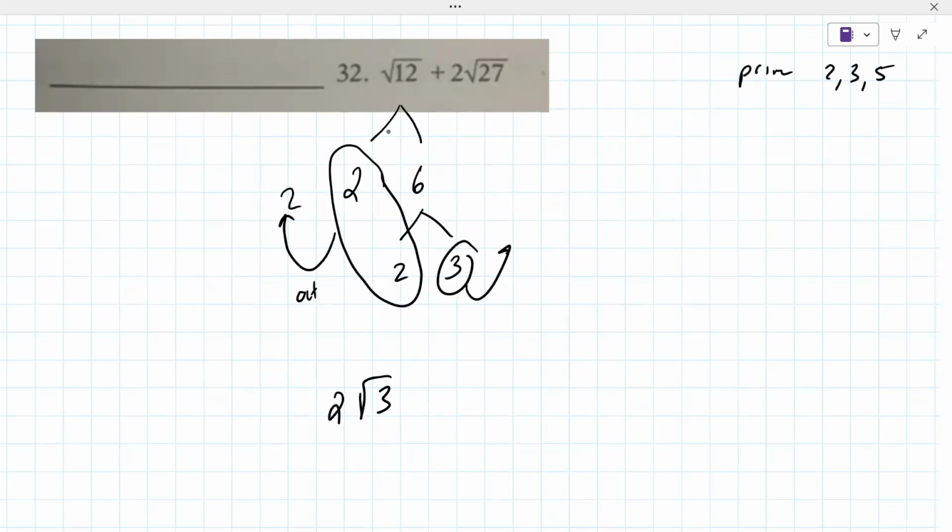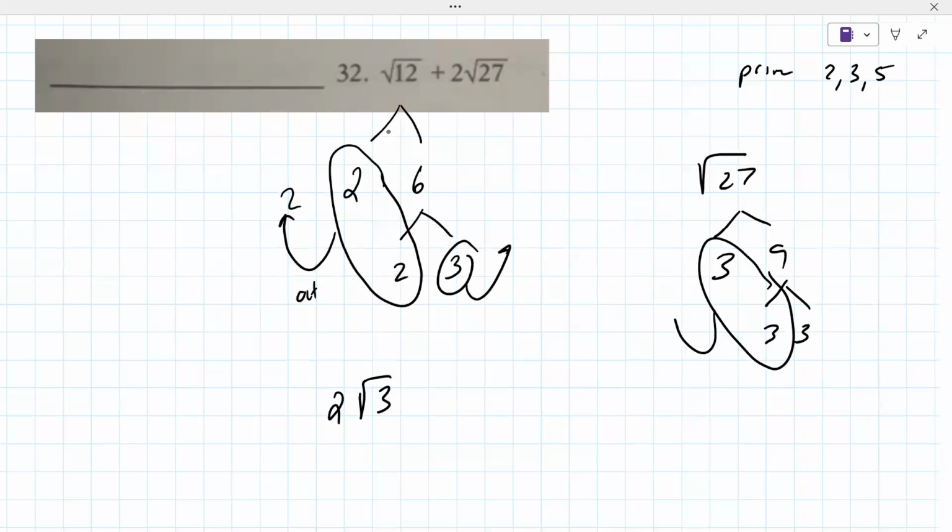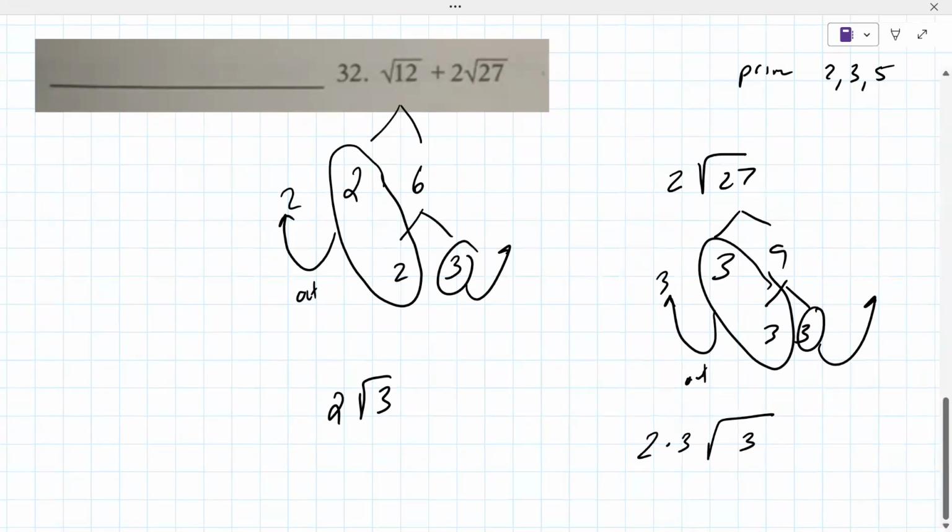Right. Okay. For square root of 27, it's kind of the same deal here. 3 and 9, 3 and 3. For each pair you circle, you bring it out, bring a 3 out, 3 stays in, but there's already a 2 on the outside. So that 2 pairs with the 3, square root of what's on the inside, which is a 3. So this becomes 6 square root of 3.